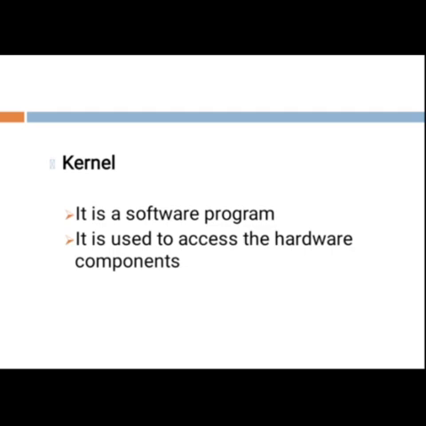Later on, when you open it again, if you feel like taking a printout, the PDF reader will request the kernel for the external printer to print that PDF file. After getting the permission, we can print that file. So the permission is granted by the kernel.